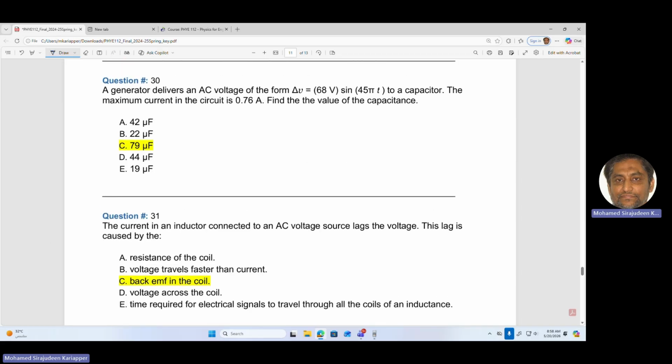Question number 30. A generator delivers an AC voltage of the form delta V equals 68 sine 45 pi t to a capacitor. The maximum current in the circuit is 0.76 ampere. Find the value of the capacitance.